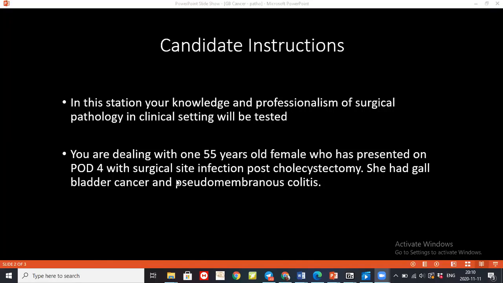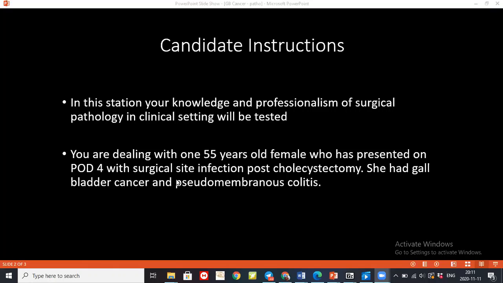Infiltrating appears as an ill-defined area associated with invasion of the gallbladder. What is the difference between infiltrating and exophytic? Infiltrating is the most common, while an exophytic mass can be a cauliflower mass.